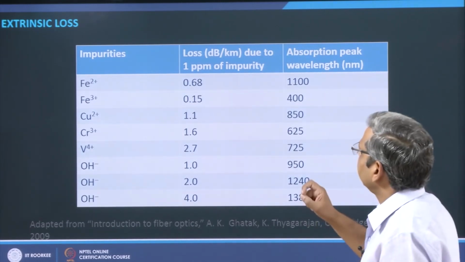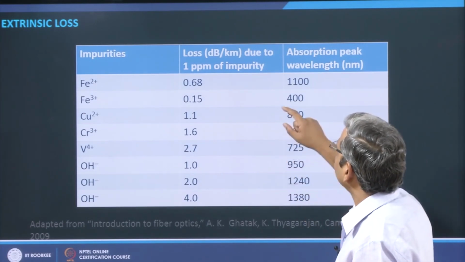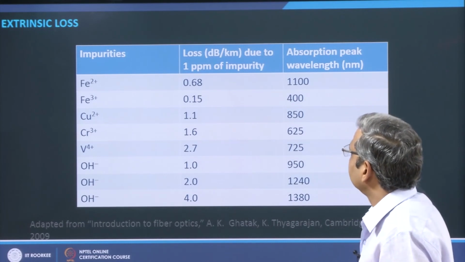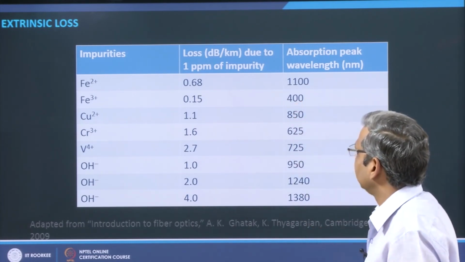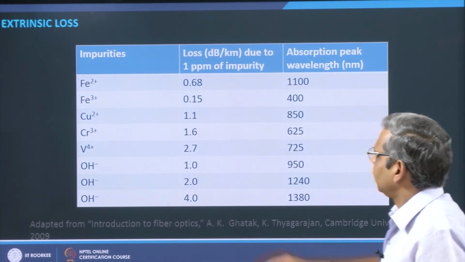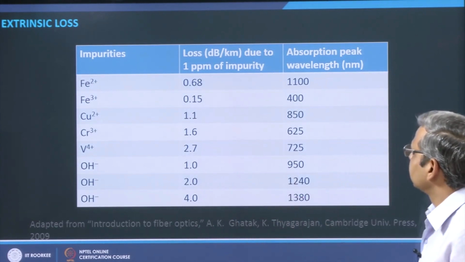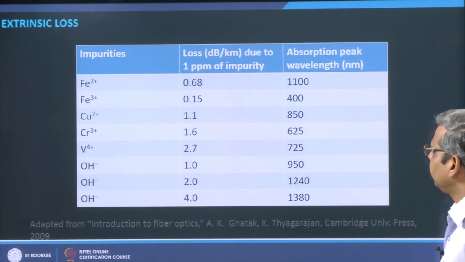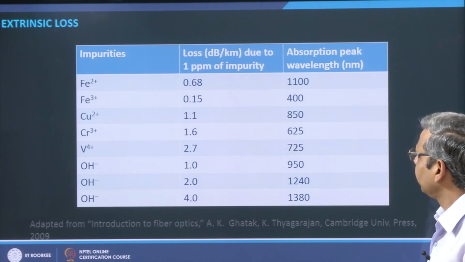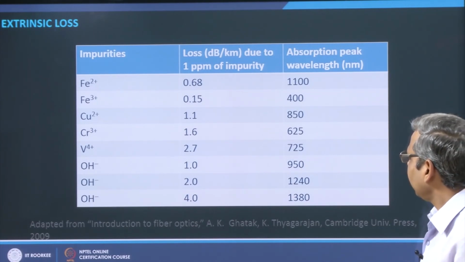For iron, I can see that for Fe2 plus it is as large as 0.68 dB per kilometer, which occurs at 1100 nanometer wavelength. For chromium, it is 1.6 dB per kilometer at 625 nanometer wavelength.